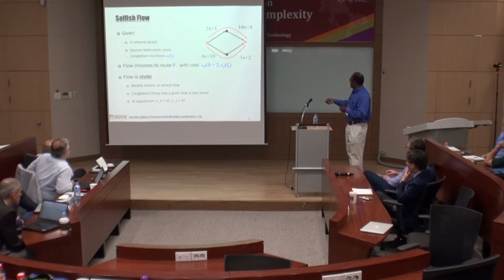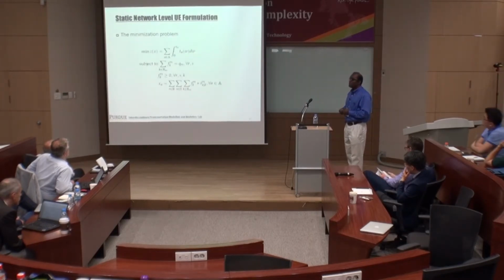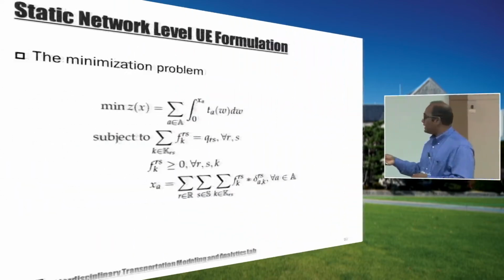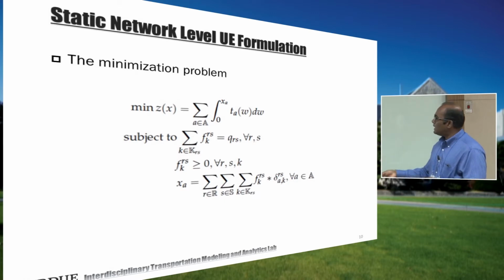So you need some kind of optimization problem to solve this. And this is a classic optimization problem called the Beckmann formulation, and you can show that this formulation results in an equilibrium flow in the transportation network. Okay? This would give us the same result as what we had here.